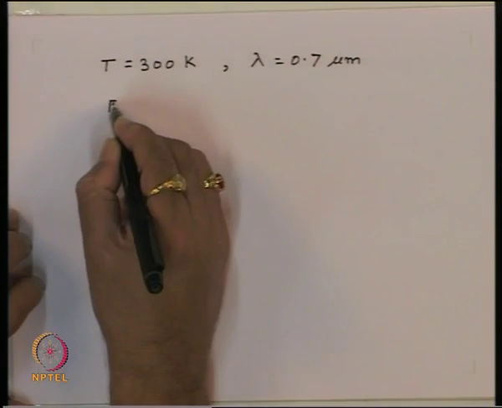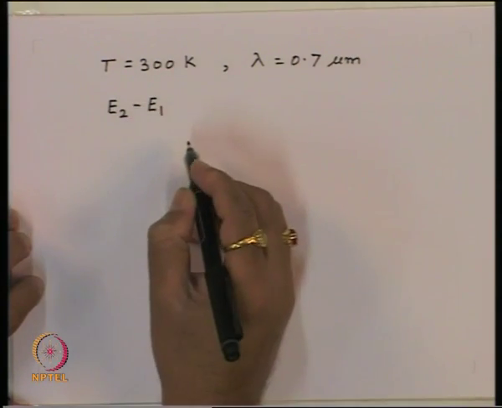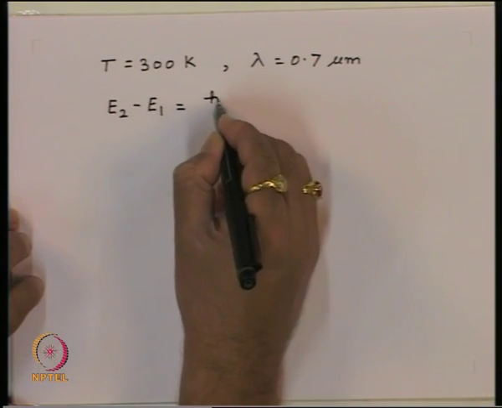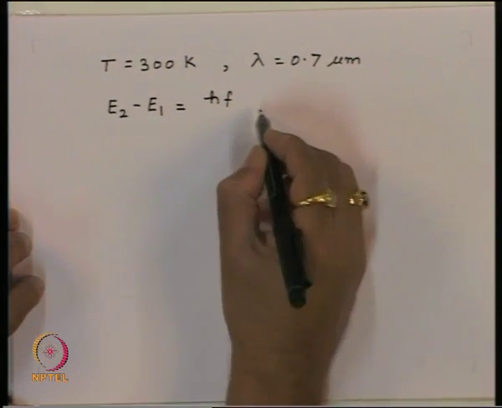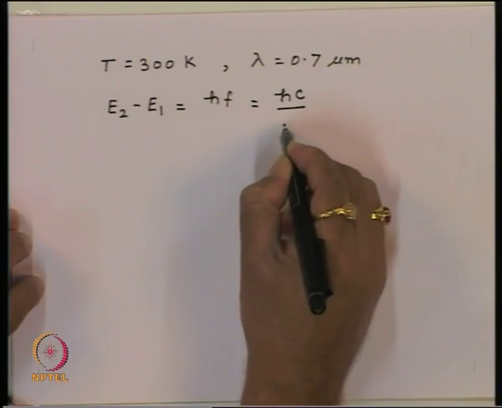Now this energy difference E2 minus E1 is h into nu, which is h into the velocity of light divided by lambda.